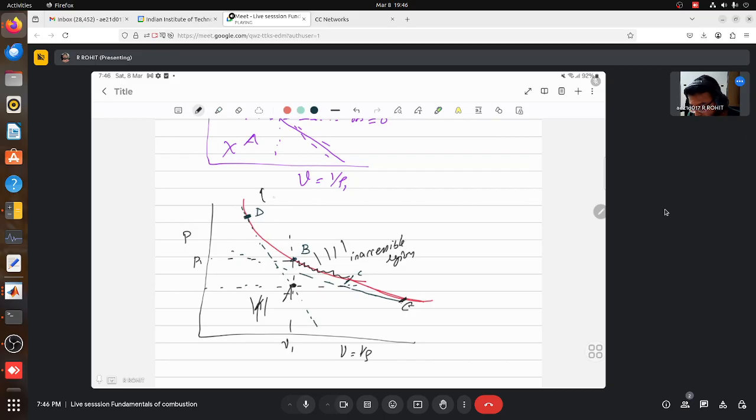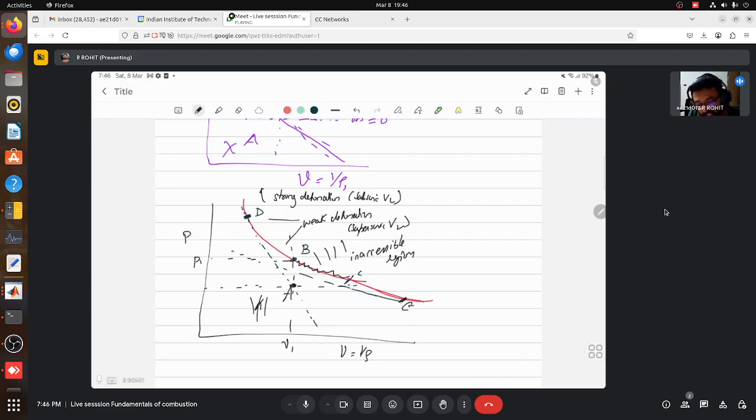Above D is a strong detonation, which has subsonic V2, and between B and D you have weak detonation, where you have supersonic V2.